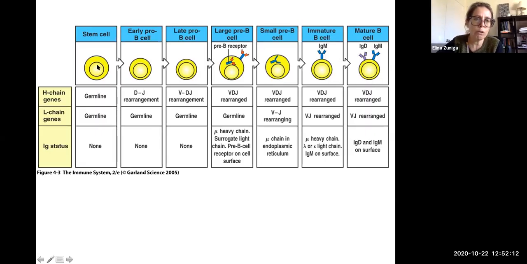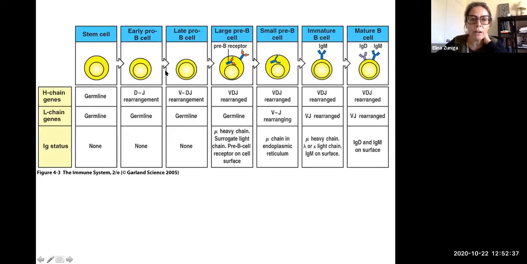As with all the cells in our body, stem cells have germline constitution in the loci of immunoglobulin heavy and light chain, right? This is the same as in a hepatocyte. And only in developing B cells will these loci begin to be rearranged.